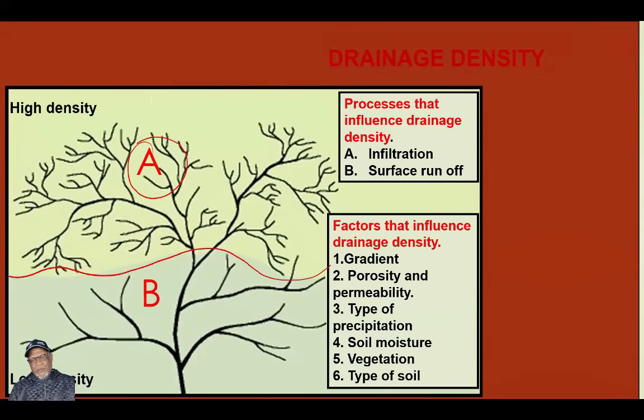Now, the drainage density at A, we can say drainage density at A is higher.